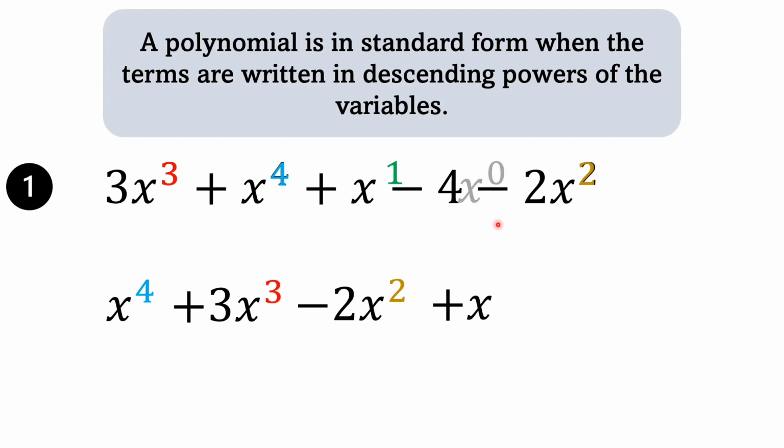Minus 4 has the variable with the lowest power, which is 0. You can rewrite that into negative 4x raised to 0, or simply negative 4 is the last term, which is also the constant term.